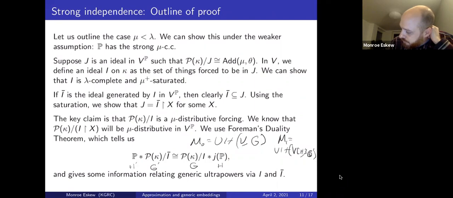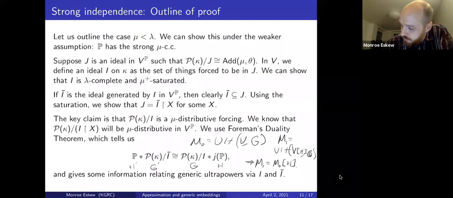Then actually M1 is just M0 adjoin H. So this is quite useful. Okay, all right, so these are the ingredients. I'm not actually giving you a proof, but these are good things to know about.